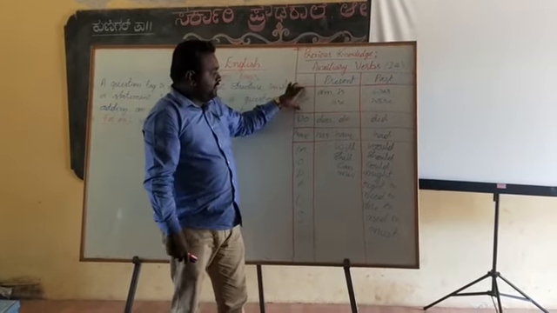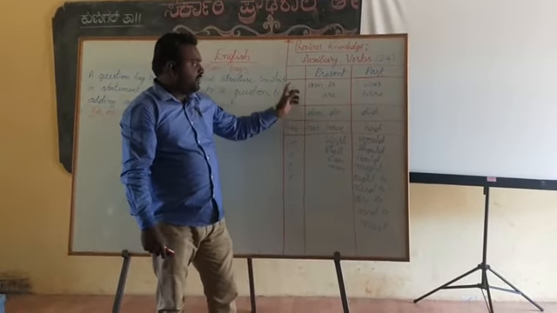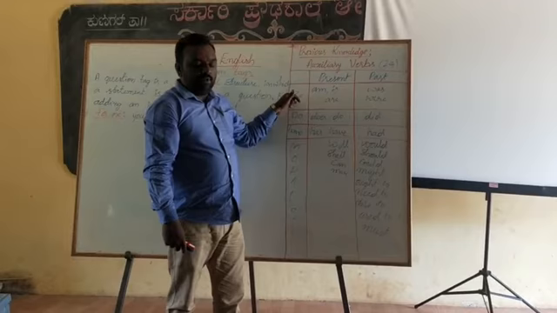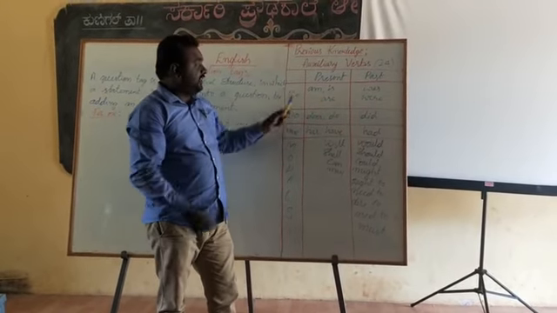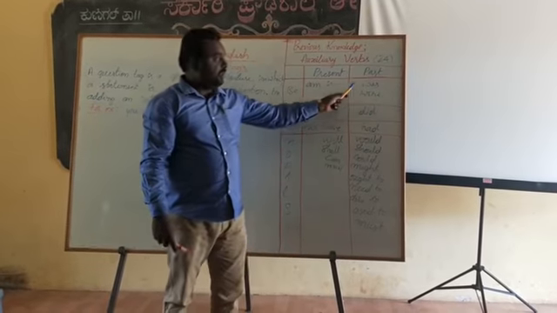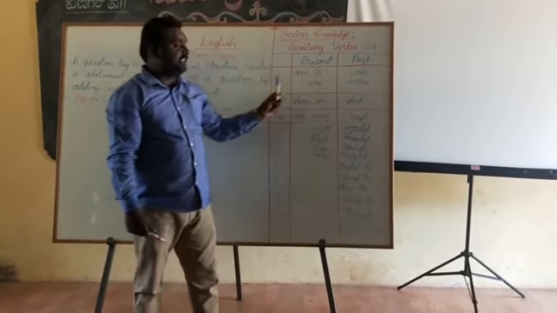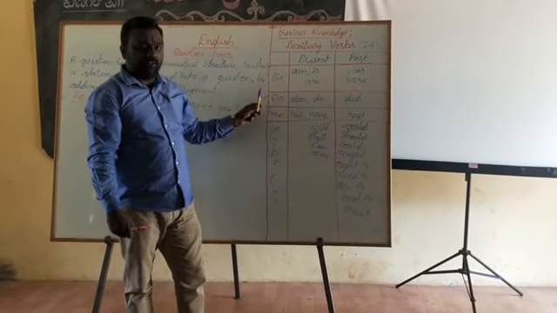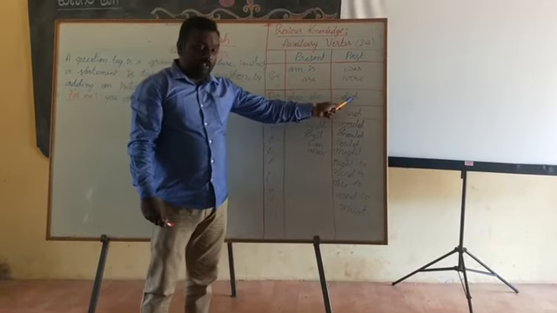So some are be form auxiliaries, do form auxiliaries, have form auxiliaries, and modals. How many be form auxiliaries are there? There are 5: am, is, was, are, were. The 3 do form auxiliaries are does, do, did.